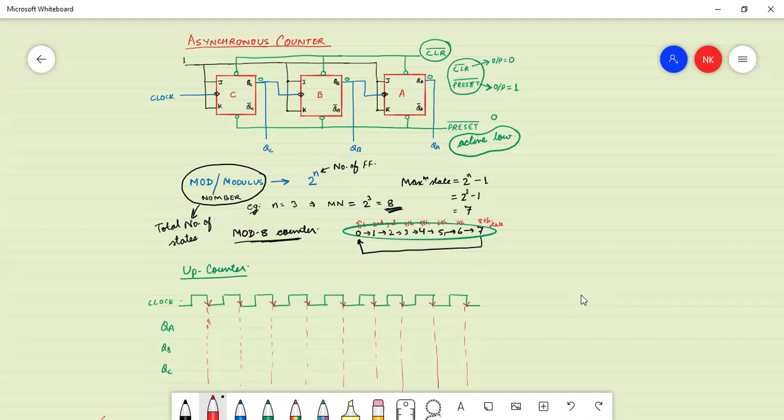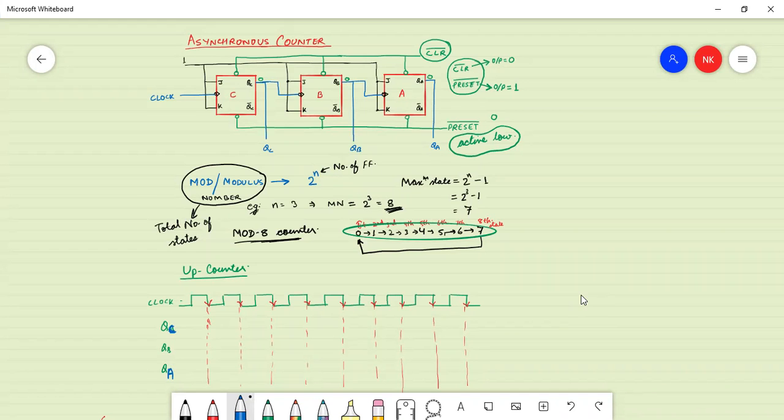Now what we can see here, as we have to see the output in C, let me write it as QC, QB, then QA. First, I am drawing the signal for QC.